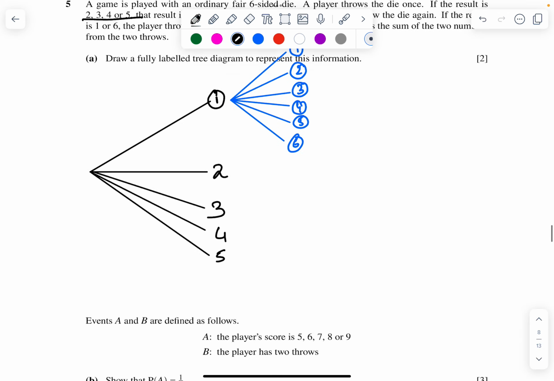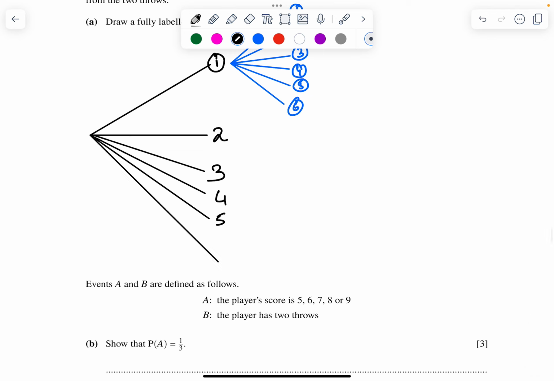Now, if he gets 6 in the first throw also, then again he will be throwing for the second time: 1, 2, 3, 4, 5, and 6.